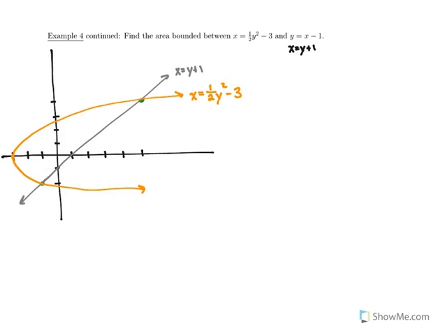And we're going to do that by using not a vertical rectangle, but a horizontal rectangle. In this case, the height of that rectangle is dy. It's a small change in y.